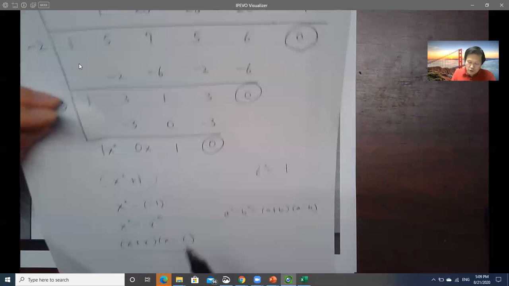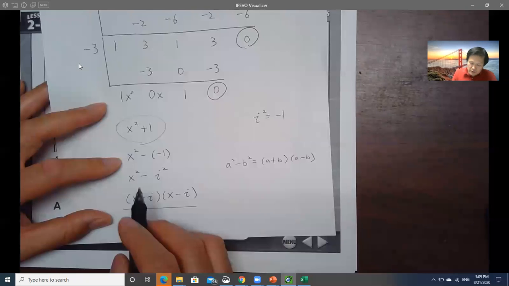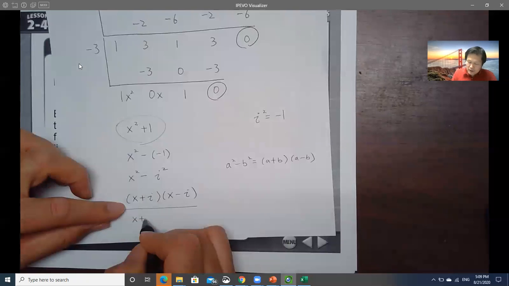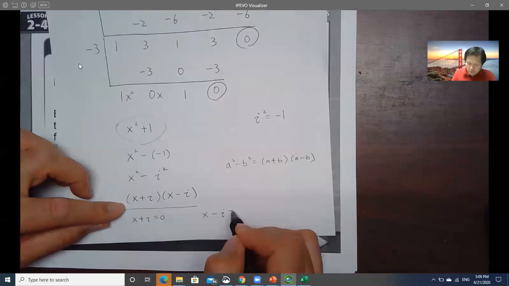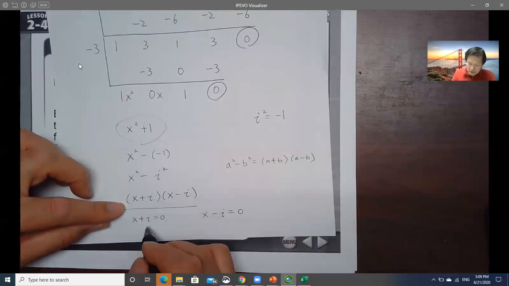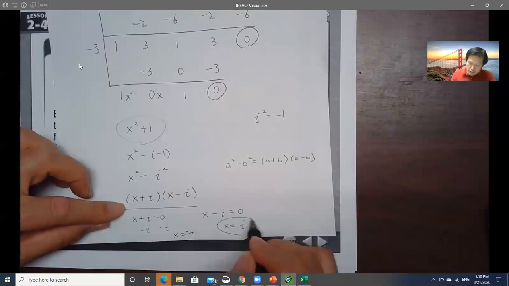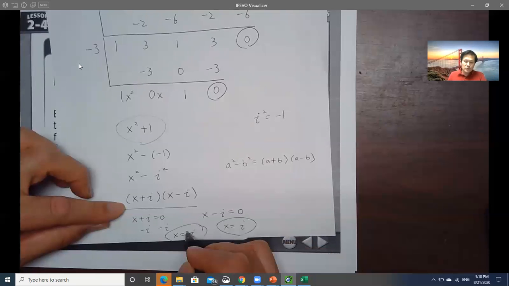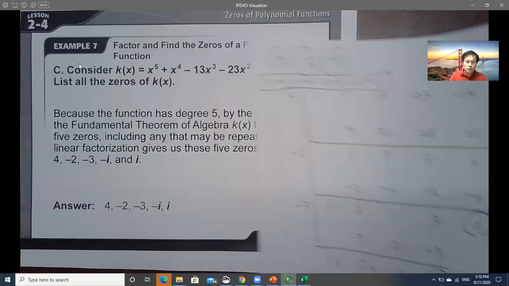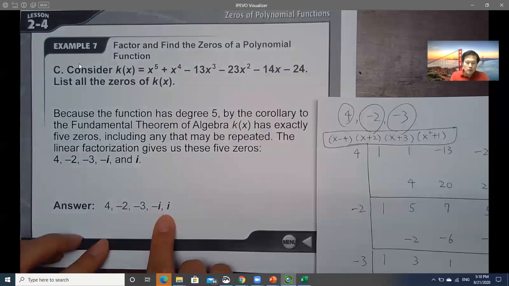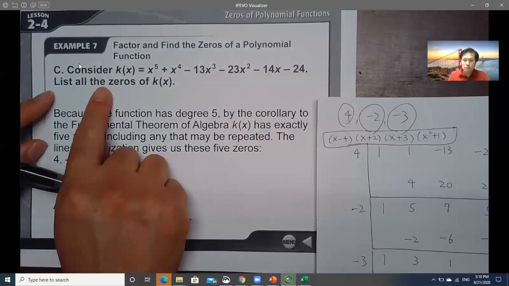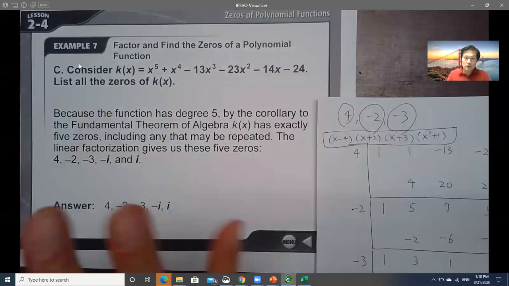From here, you can say x plus i equals 0, x minus i equals 0. So for x, minus i on both sides, x equals minus i; plus i on both sides, x equals i. So we got 2 more imaginary zeros. Be careful: list all zeros means everything, including imaginary numbers.